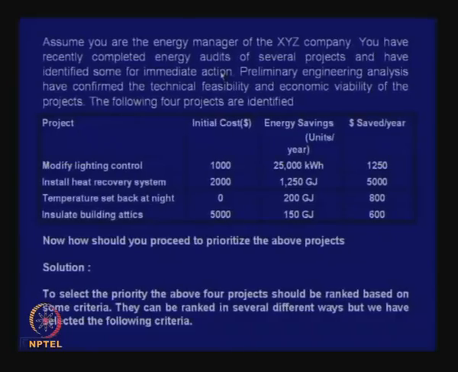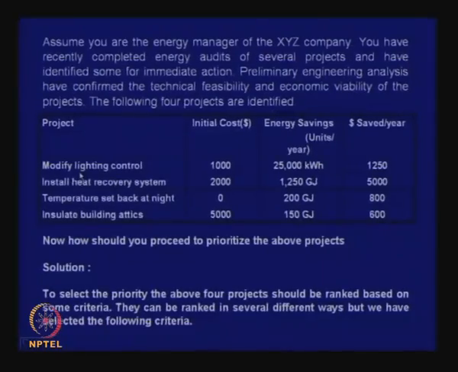You have done the audit, now you are recommending some activities for action. Preliminary engineering analysis has confirmed the technical feasibility and economic viability of the projects, that the project you have in mind can be done. The following 4 projects are identified.